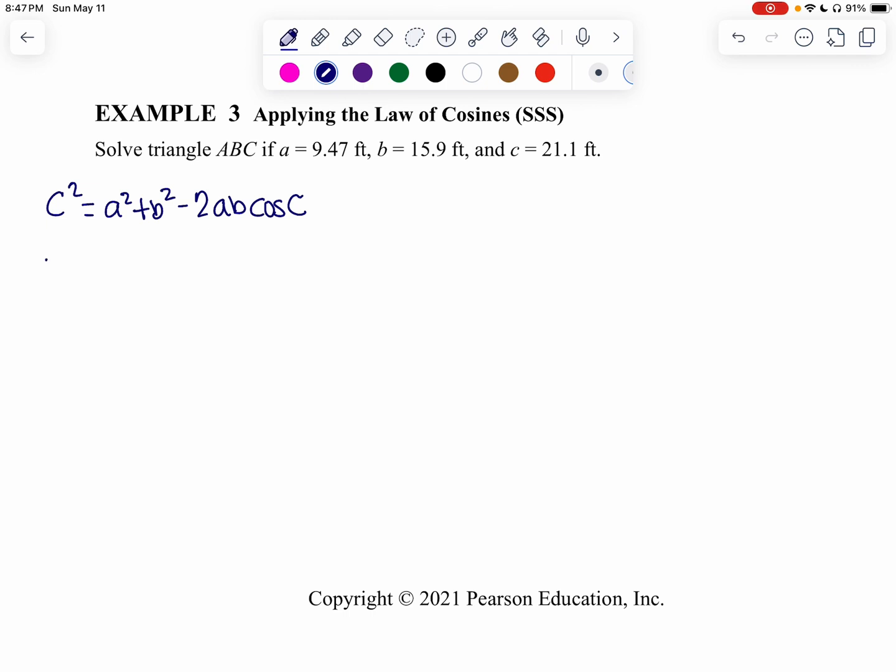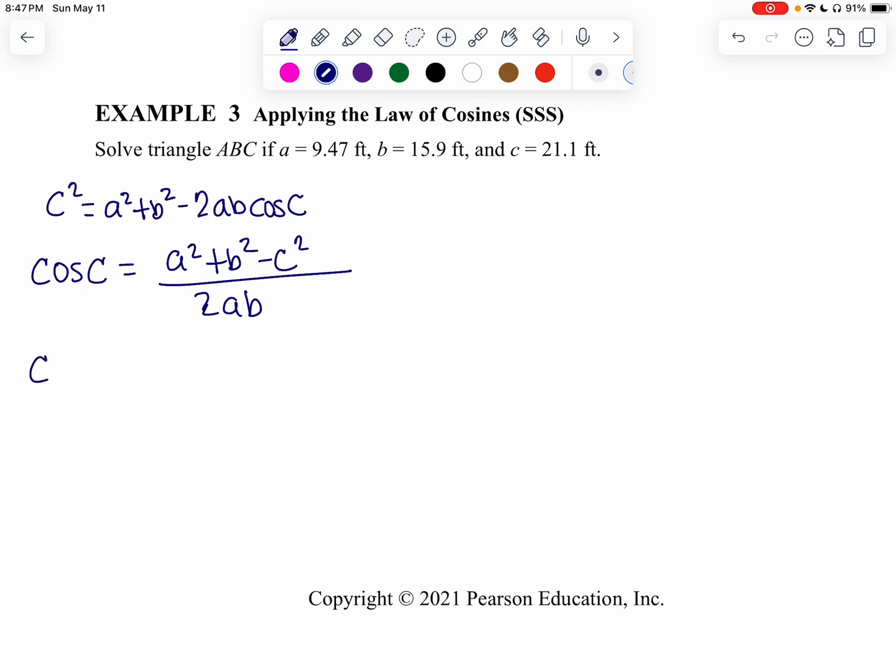So the cosine of C is A squared plus B squared minus C squared, when we divide by the negative, it's going to flip all of our signs, over 2AB.